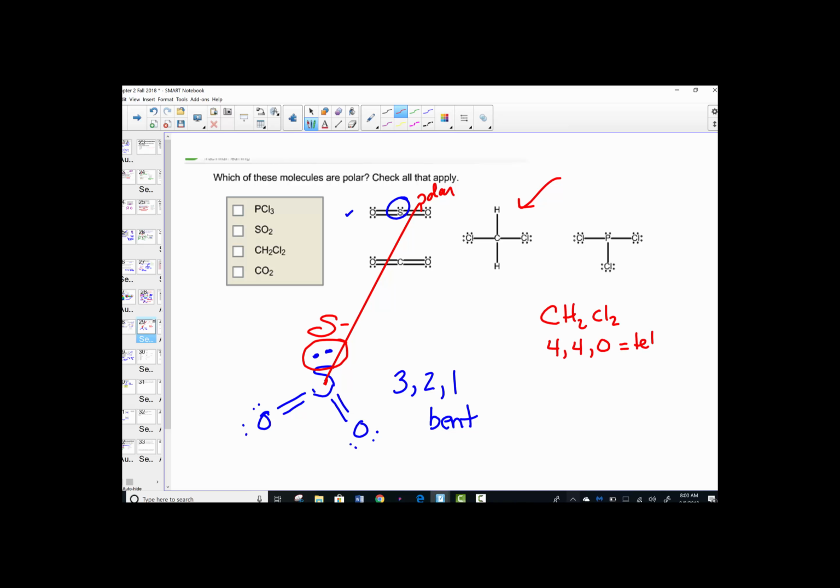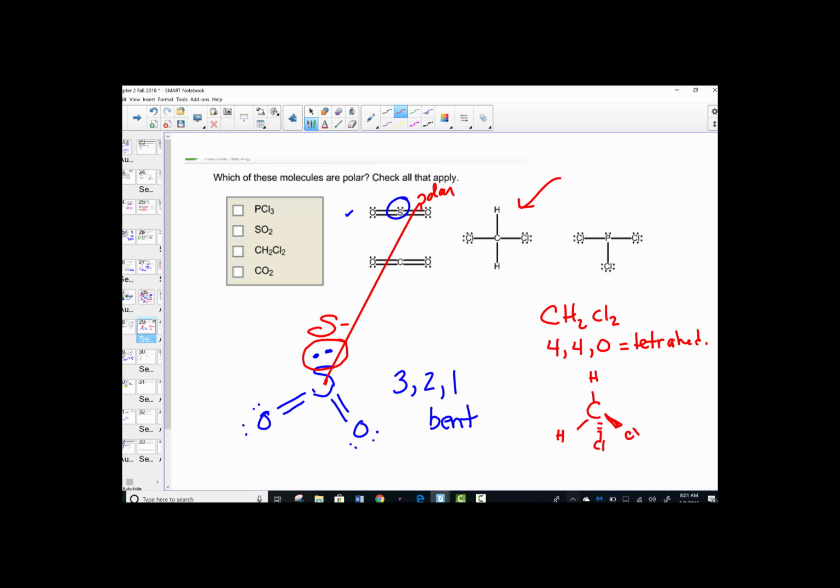We know that that's an sp3 tetrahedral molecule. The carbon is attached to 2 hydrogens, perhaps in the same plane. We know that one of the chlorines would be behind the page. The other would be coming out of the page as we draw the 3-dimensional view of a tetrahedral molecule.